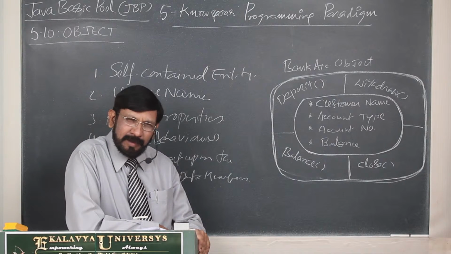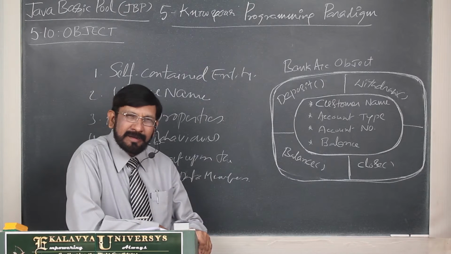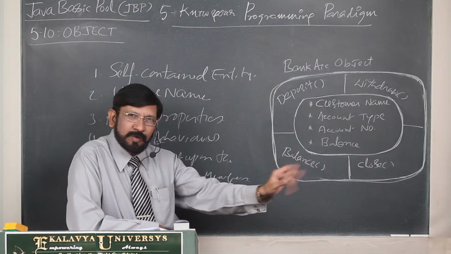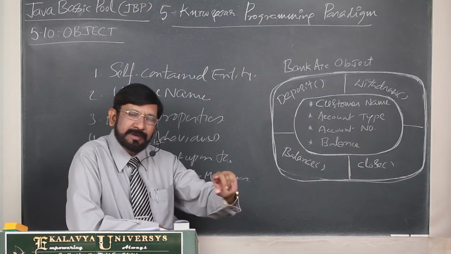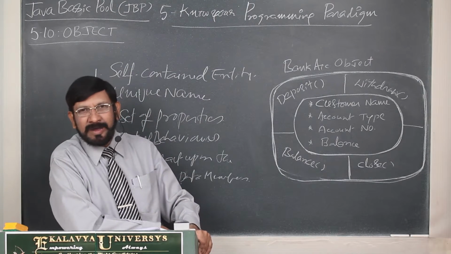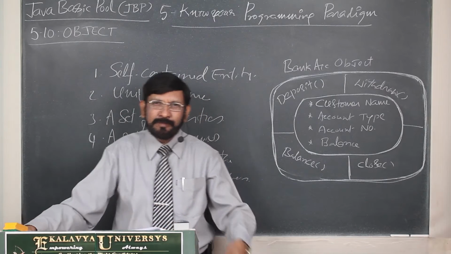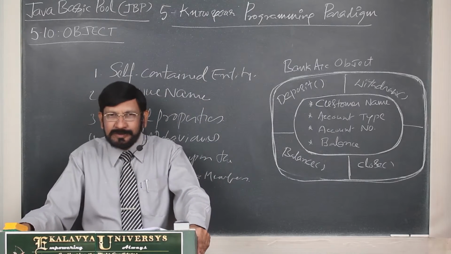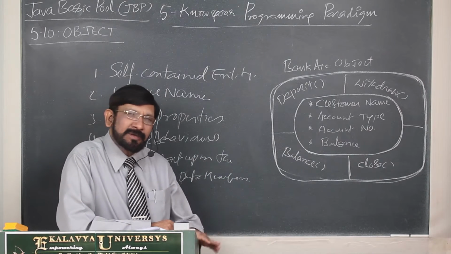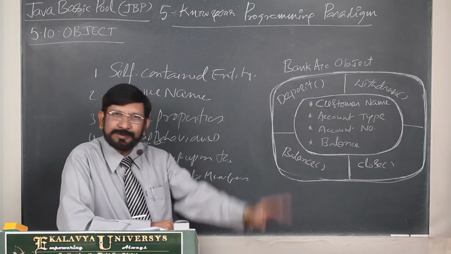Here, always object means everybody thinks of a physical object. A student is a physical object. Then a TV, a physical object. Car, a physical object. That is okay. But a student's mark statement, you are not convinced. Salary statement of an employee, you are not convinced. So, in this context, I have to tell you a secret. Our programs deal with the data. They never deal with the physical student.